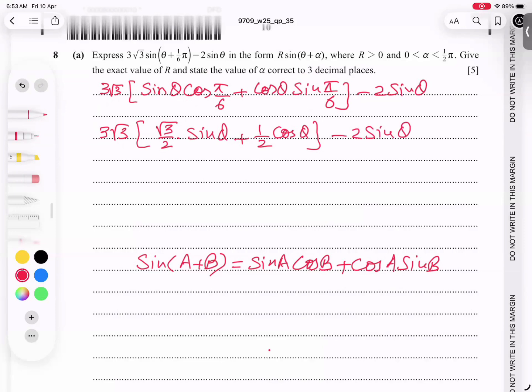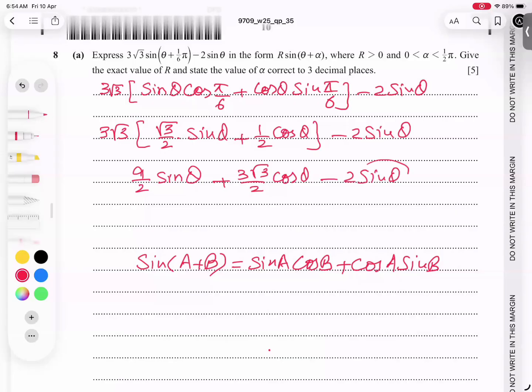Now I'm going to multiply these values inside. Root into root multiplied becomes the same, so 3 times 3 is 9 over 2 sine theta, and plus 3 root 3 over 2 cos theta, negative 2 sine theta.